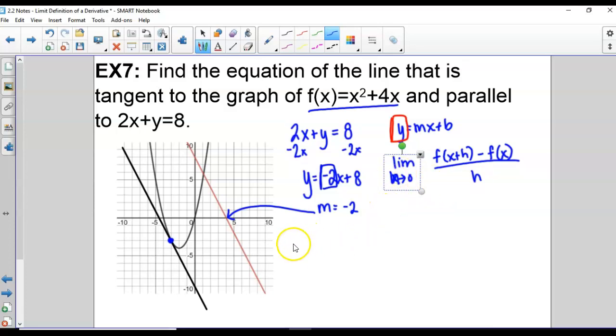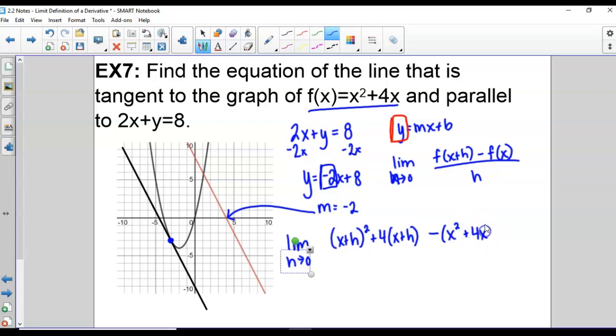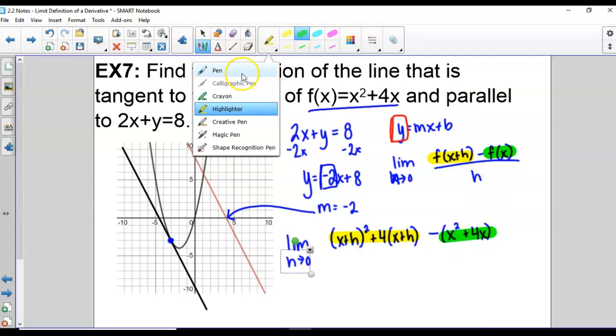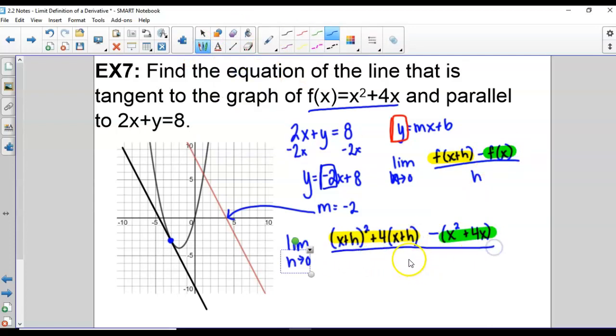And so for this problem, that one's going to be a little bit long. We're going to have the limit as h approaches 0 of (x plus h) squared plus 4 times (x plus h) minus (x squared plus 4x). So here, this part is f of x plus h, and this part is x squared plus 4x, all over h.